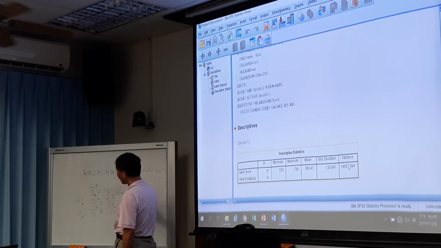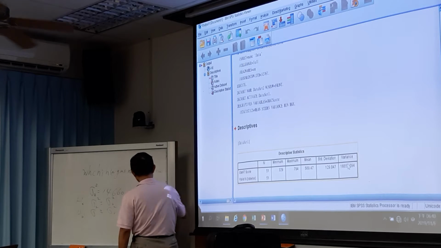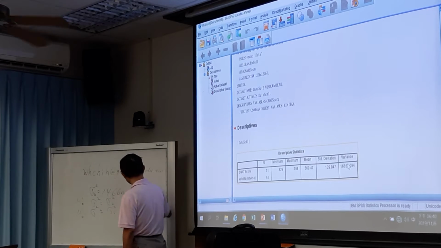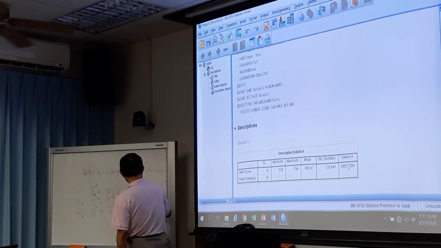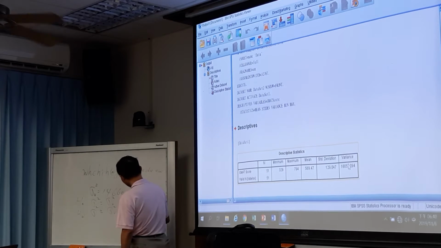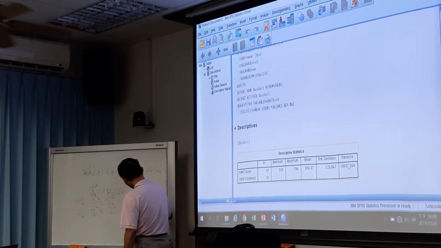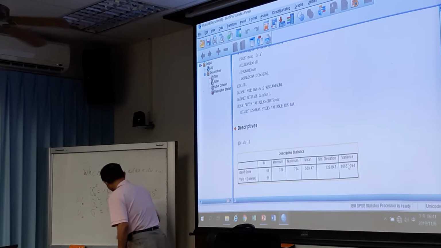The software only provides this table for you, and for this formula, you have to do it by yourself. The reason they use 51 is because they want to get 50.